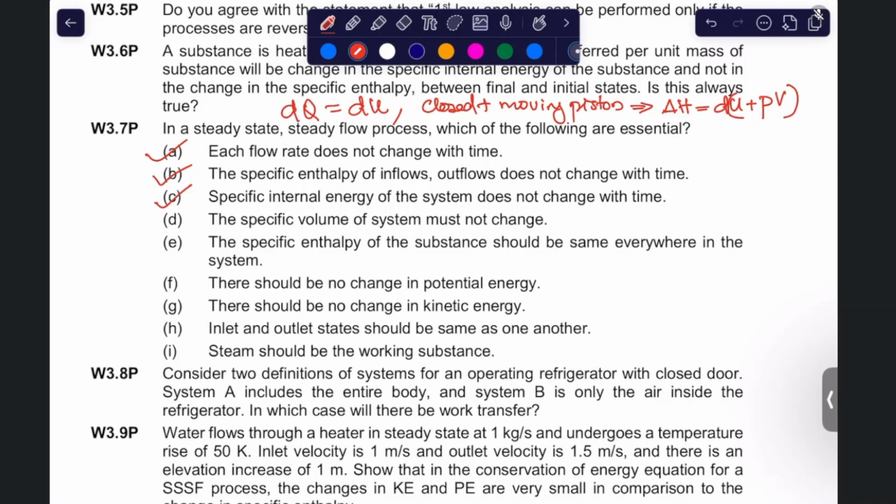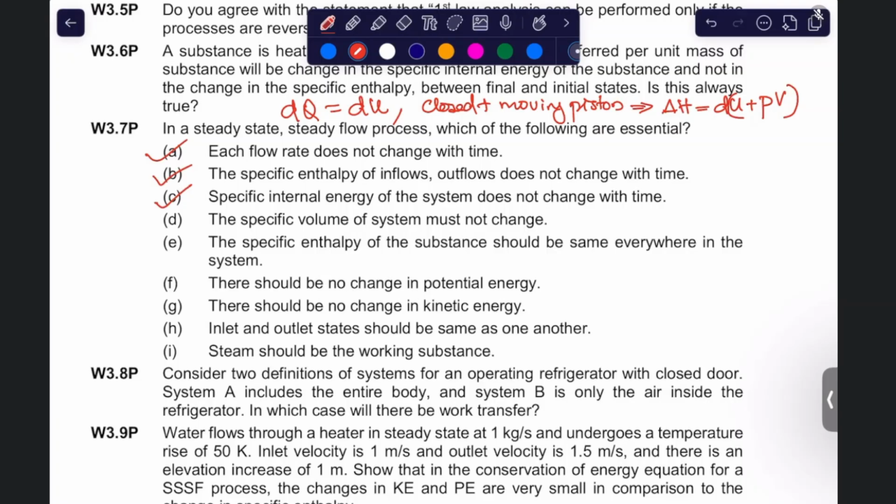Then, specific volume of system must not change. Spatial variation will be there, but even if there is a requirement that the system's specific volume not change, as long as everything is changing in a steady fashion, there is no such particular requirement.